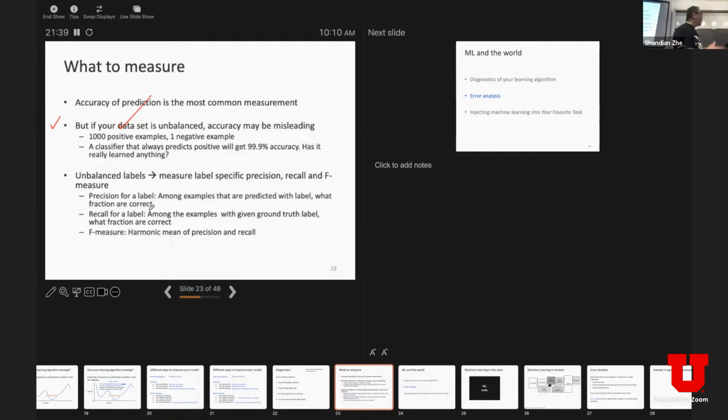So you don't need to memorize the exact definition of precision and recall, but just keep in mind that when you have unbalanced labels, you should use other metrics, not just global accuracy. Also, the F measure is the harmonic mean of precision and recall. Those are very heavily used in the information retrieval area.